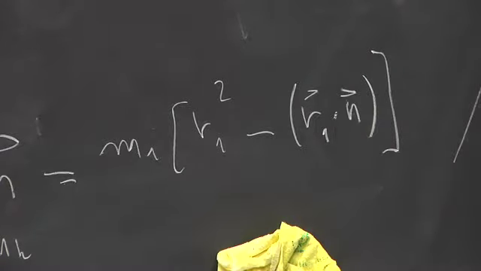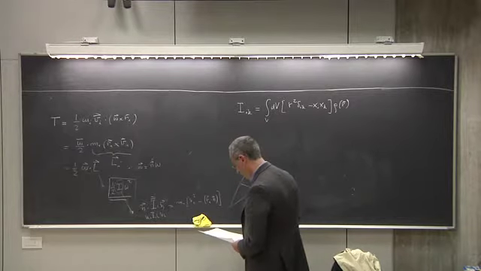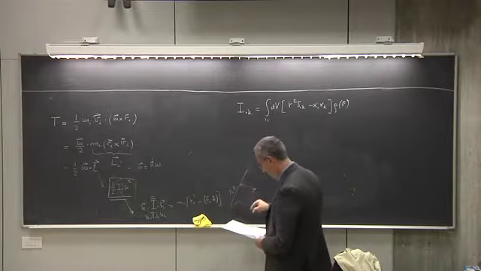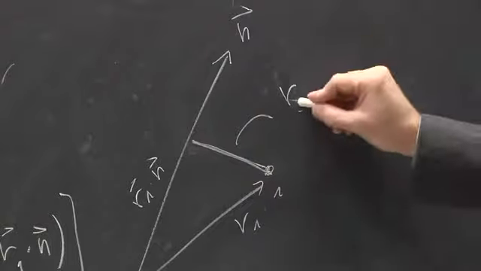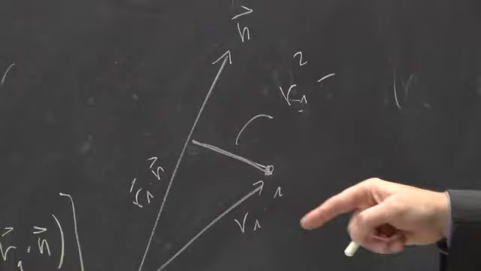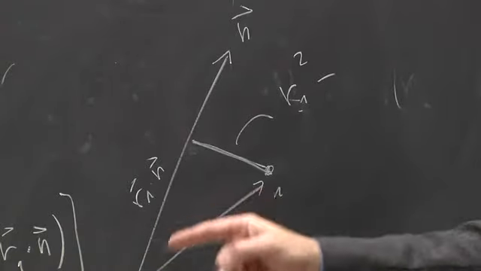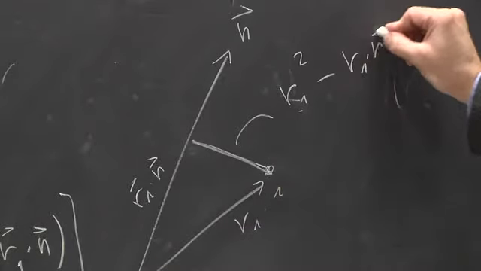So if this is n, right, and ri is an arbitrary point here, I take the component here, this is ri scalar n, right? And this distance here is ri square minus that component squared. You just use a Pythagoras triangle, right? ri vector square minus that component.